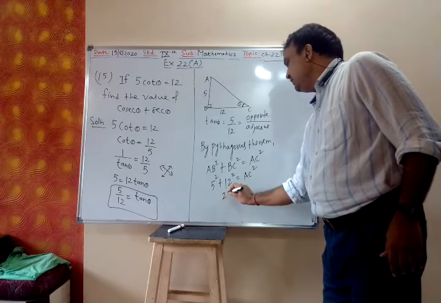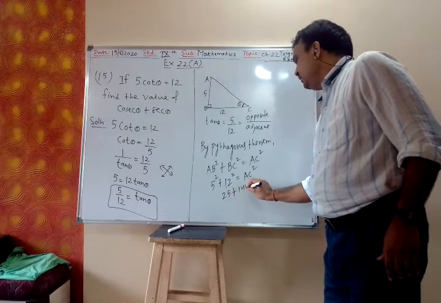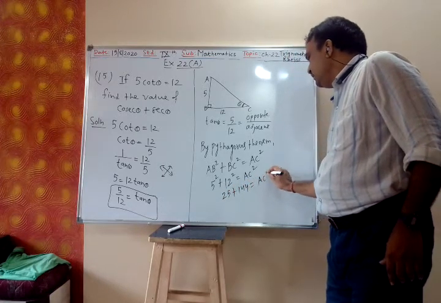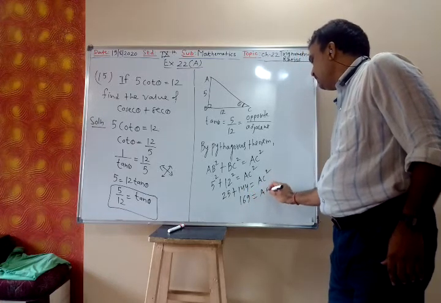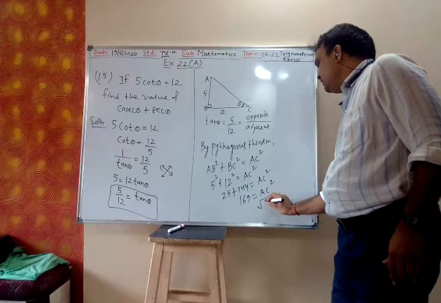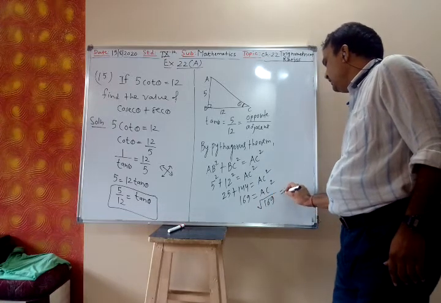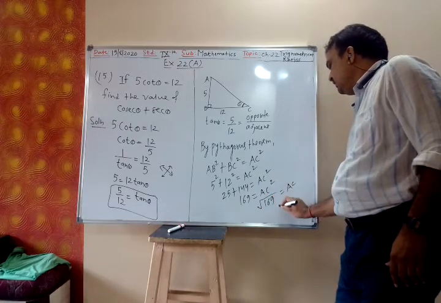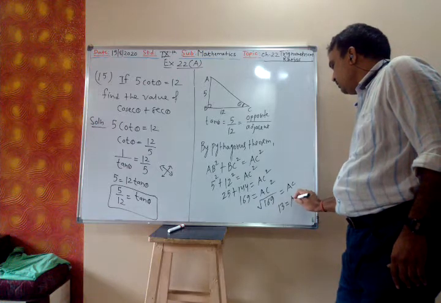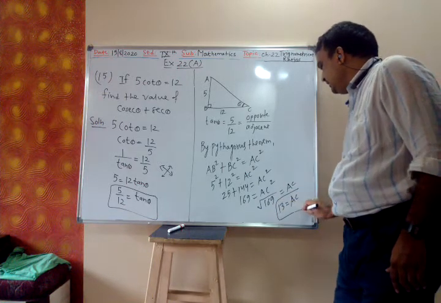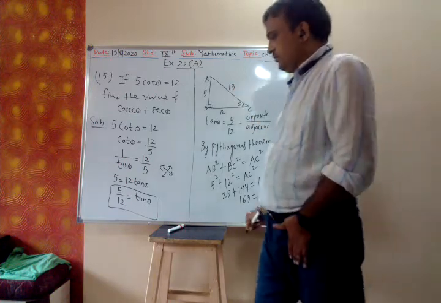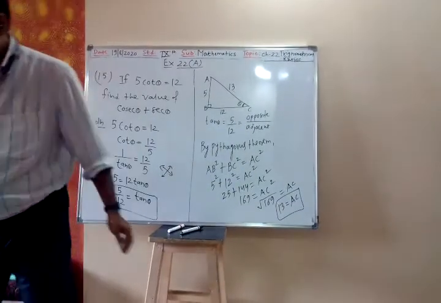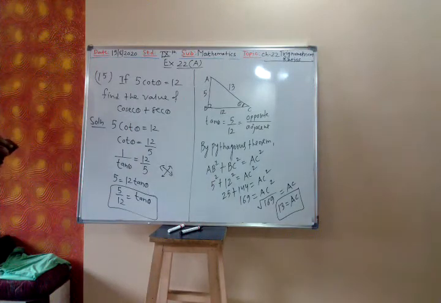So 25 plus 144 is 169, which is AC square. So root of 169 is AC, so AC is 13.